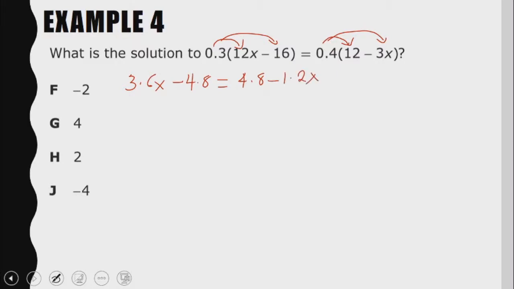Now we need to move this negative 1.2x to the left. It will become a positive.